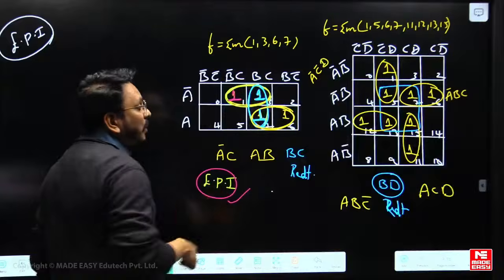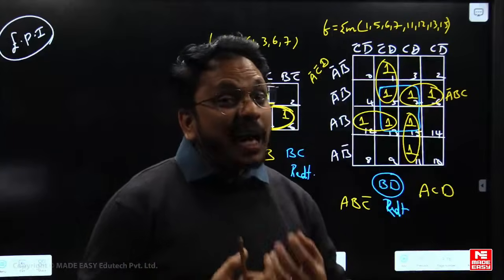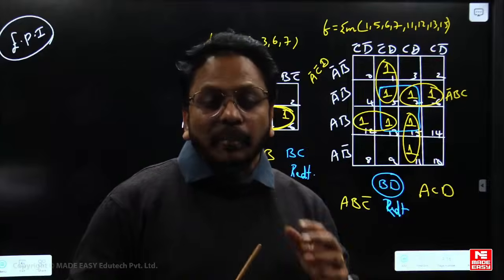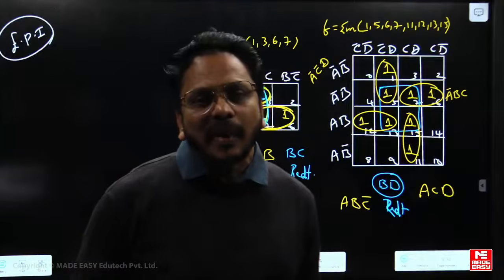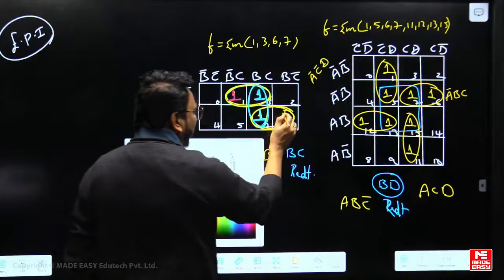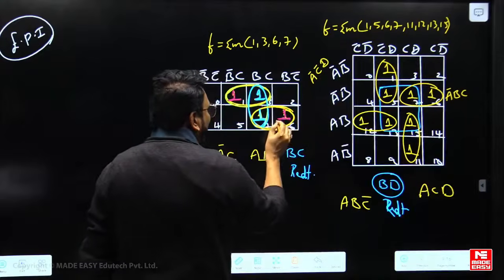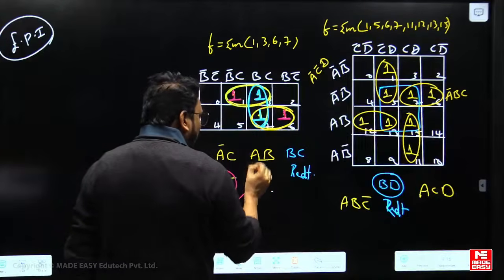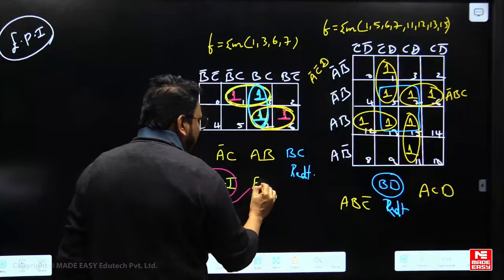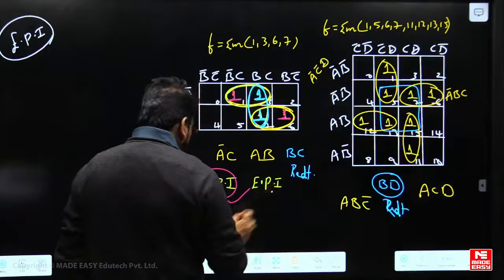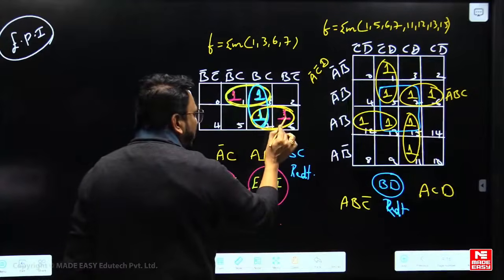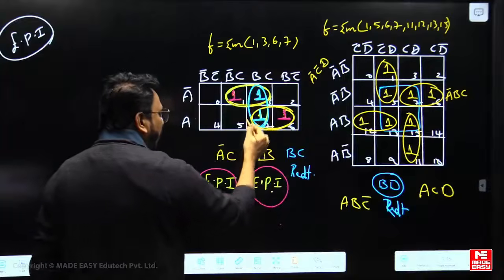That means this one is able to get the grouping more than one time. Yes sir. Based on that, we cannot say it is an essential prime implicant. But, my dear, you check this particular one. Based on this one, we can say this particular group is an essential prime implicant. So, this is an essential prime implicant. How? Based on what are we saying? Based on this one, it is able to get the grouping.